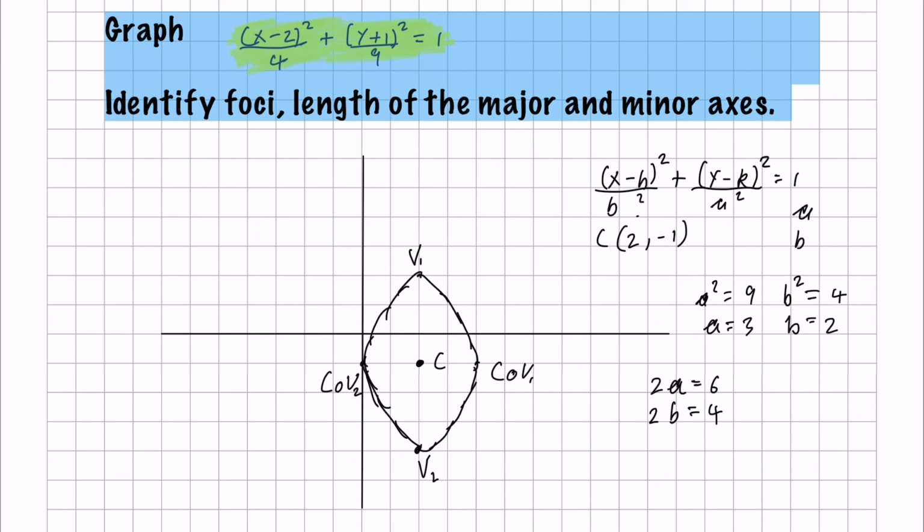To find the foci, we first have to find c. And c squared is equal to a squared minus b squared. This is something you have to remember and keep in your mind forever. So a squared we know is 9 minus b squared, which is 4. So c is equal to root 5.